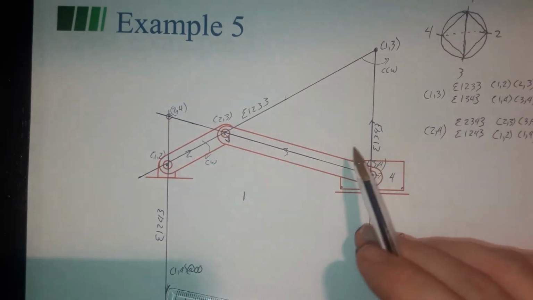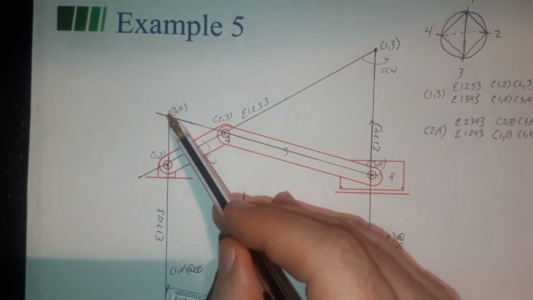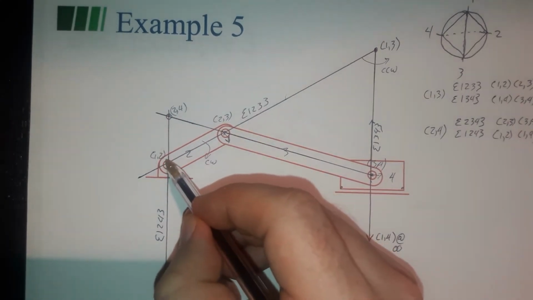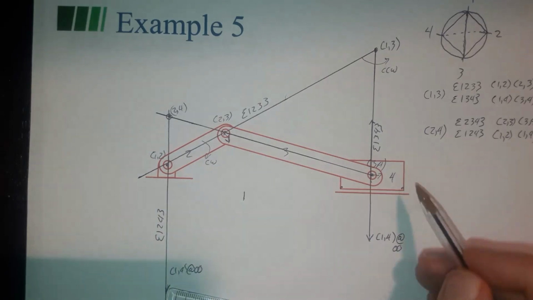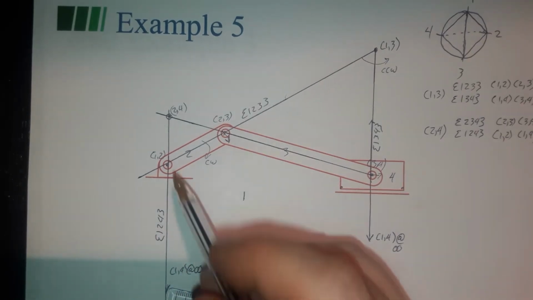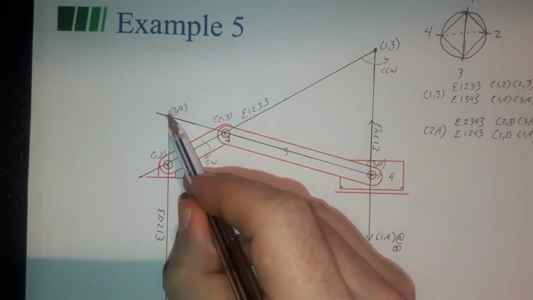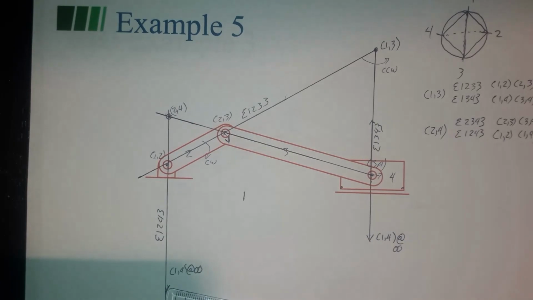And if I imagine stapling a sheet of paper to this thing and extending it, this point on link 4 also has the same velocity. So this right here is a point on link 2 that has the same velocity as link 4. If I were to extend link 2 up here, I could find the velocity of every point on link 4 just by measuring the velocity of that point right there, which is kind of cool.